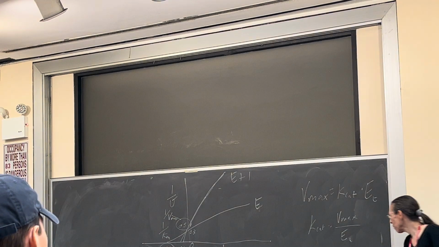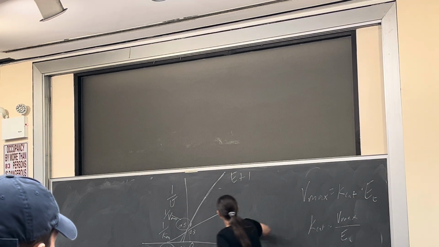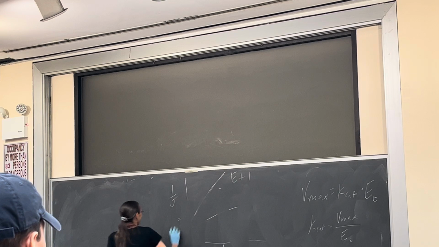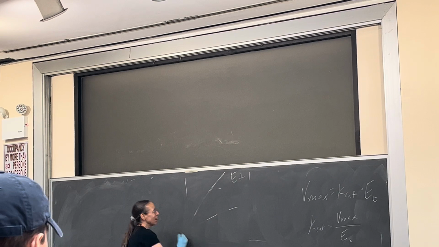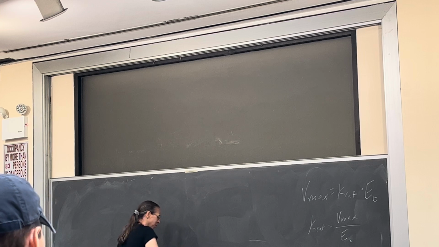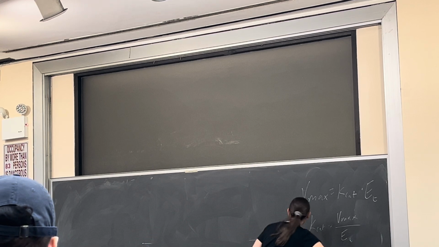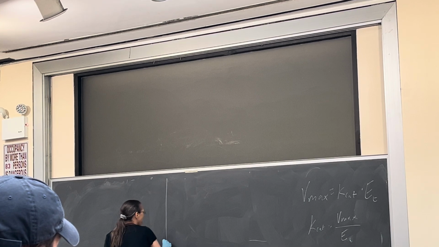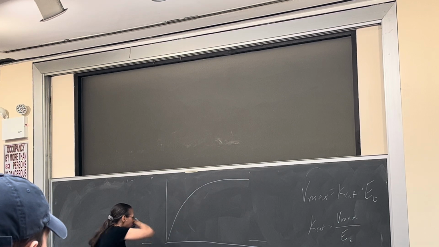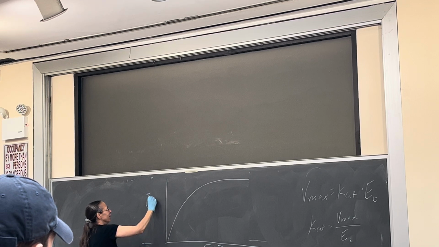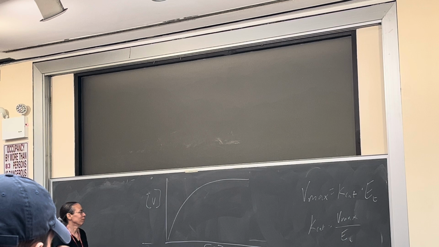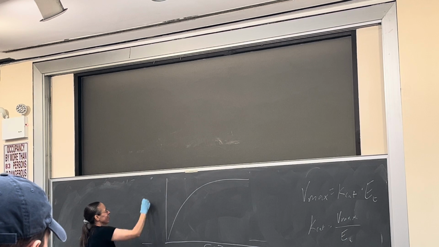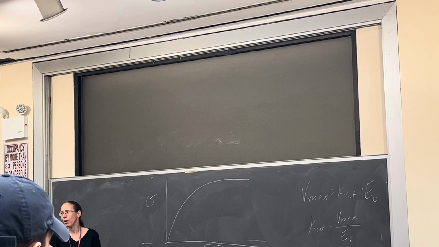And also the conventional way of drawing a diagram, right? The conventional way is just to plot substrate concentration versus velocity.